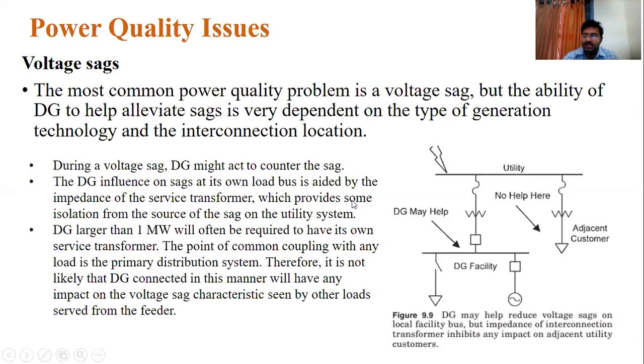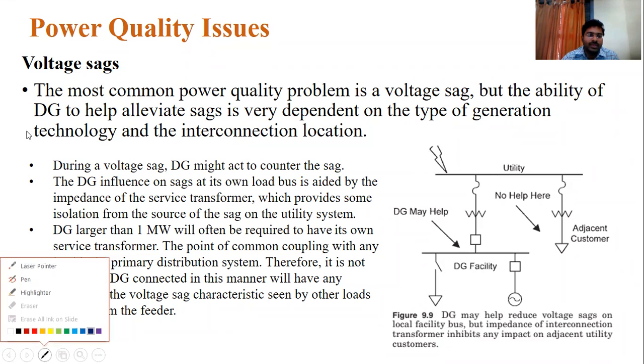The last one is the voltage sag. See how these DGs affect it. Most of the power quality issues that arise in the power system are voltage sags. What is a voltage sag?